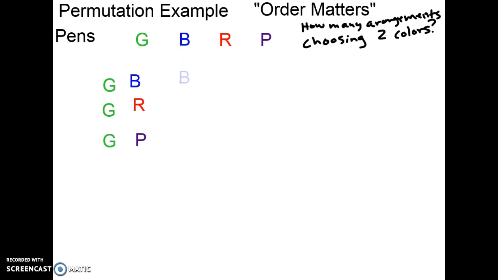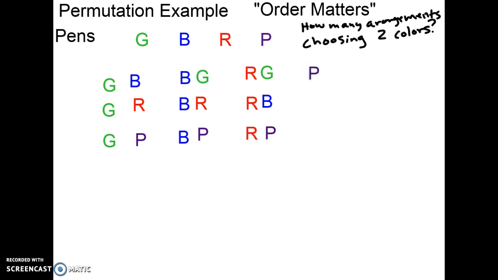So then let's do all the ones that start with blue. We have blue and green, blue and red, blue and purple. You can do all the ones that start with red. We have red and green, red and blue, and red and purple. And then we can do all the ones that start with purple.